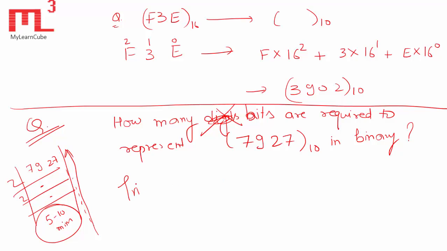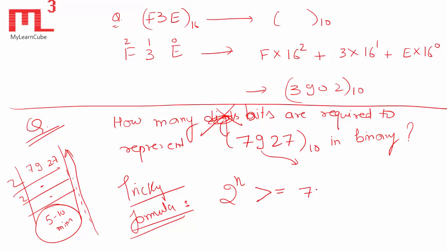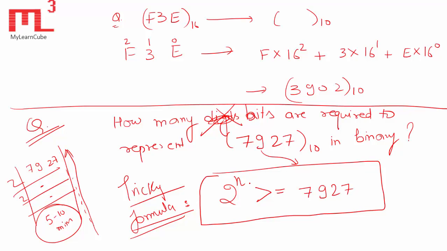There is a tricky formula for this. You can use that formula to directly compute 2 raised to the power n greater than or equal to this number, whatever this number is. In this case it is 7927. So this is the formula you have to use. The least possible value of n which satisfies this relationship will be the answer.